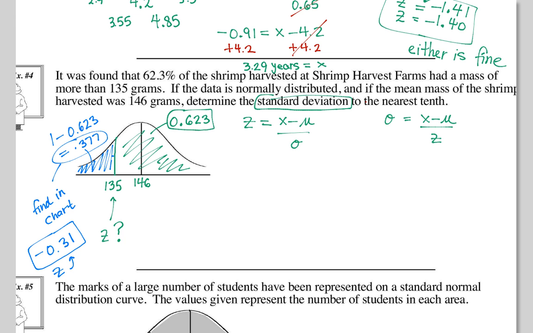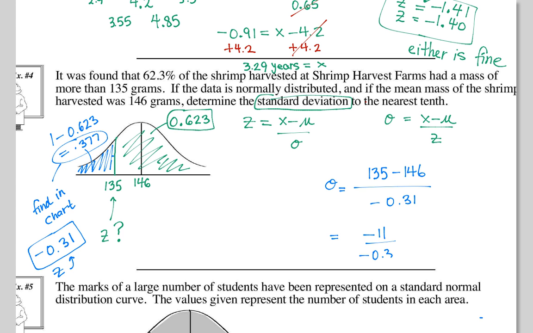Either will work. Okay, and then you just solve this formula: 135 minus 146 over negative 0.31. That solves for sigma. Make sure you do the top before you divide. 135 minus 146, I got negative 11.